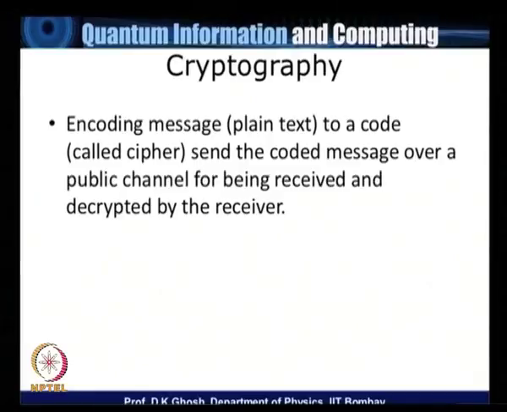By public channel, I mean it could be a fiber optic channel, for instance, but basically a channel which is open to any outsiders, and in principle it should be possible for somebody to eavesdrop on your conversation. Of course, the conversation does not really mean oral conversation in this case.